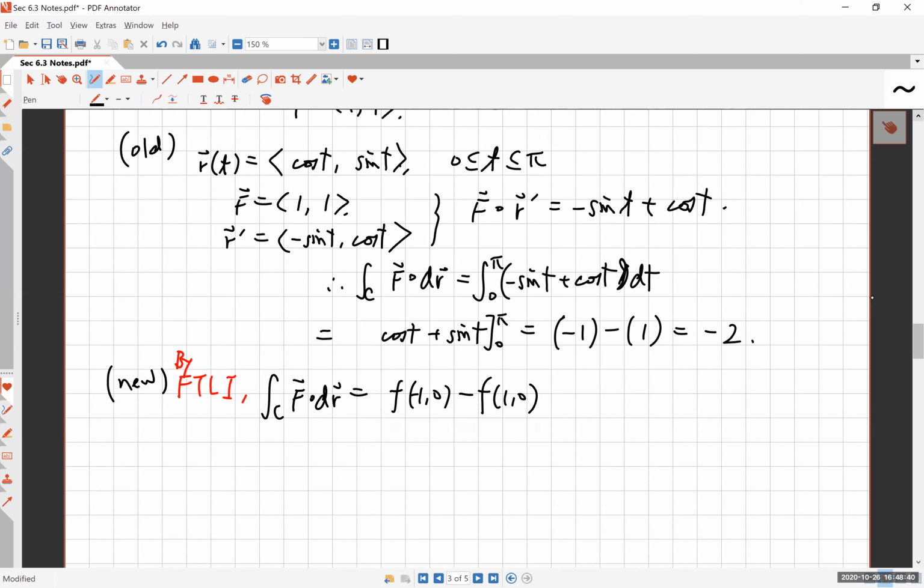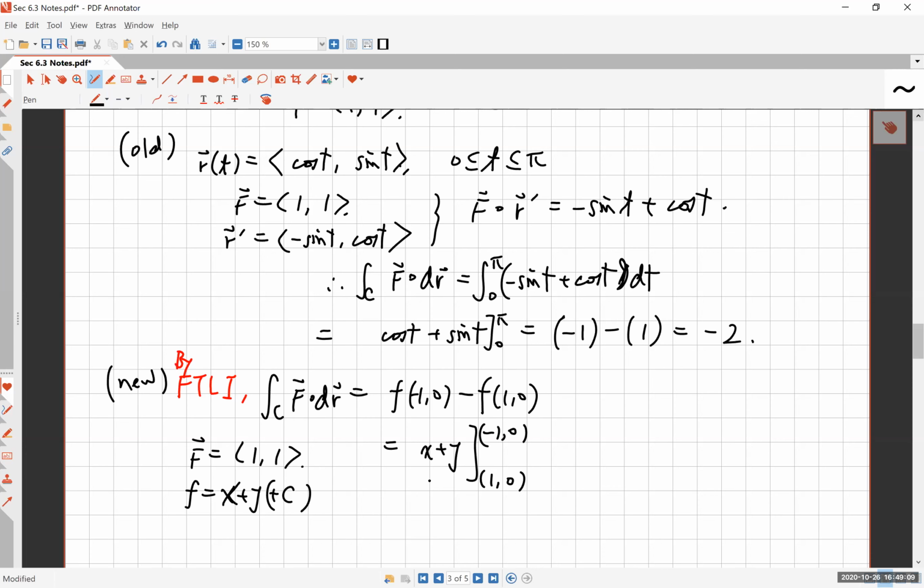Now remember, my F is (1, 1). We already found the potential function of this, which was x plus y plus a constant, but we don't really need the constant, just like when you're finding a definite integral using the fundamental theorem of calculus. You didn't worry about that plus C, right? So all you have to do is write x plus y, and then evaluate at (-1, 0) and (1, 0).